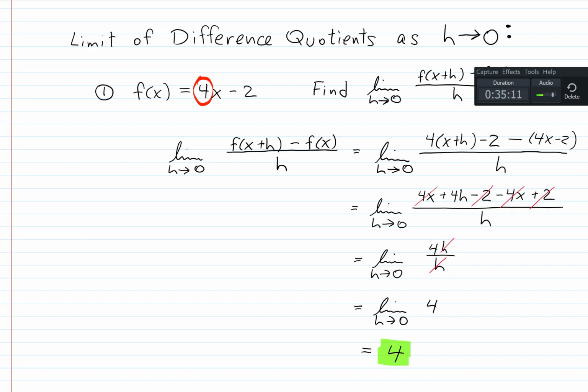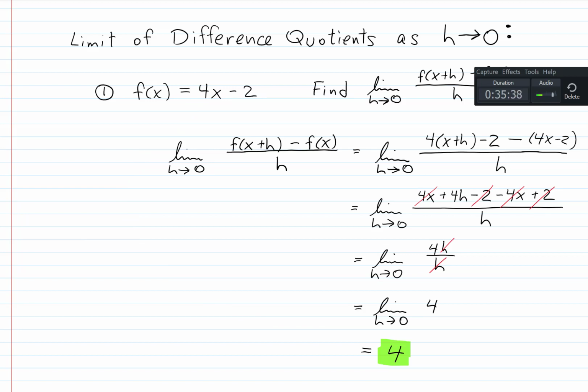Every time you have a linear function and you do this type of problem, your answer will be that number. But it's not good enough for you to just say, oh, okay, well then every time I get this, I'll just write down that number. No, you have to know why the answer is that number. You have to know how to calculate this, and you have to show me that you know how. So you have to write the problem like we did here.